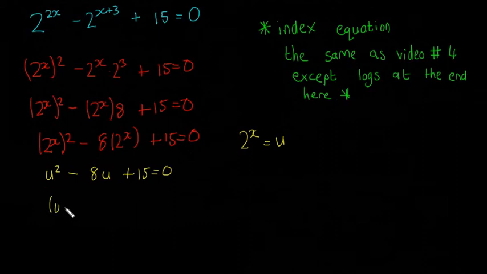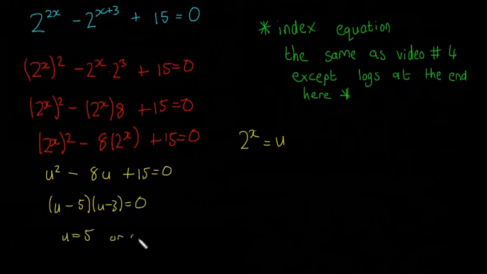So then here we're going to have u minus 5 and u minus 3 is equal to 0. That means u is either equal to 5 or u is equal to 3. That's going to give us 2 to the power of x is equal to 5. That's a bit messy. Or 2 to the power of x is equal to 3.